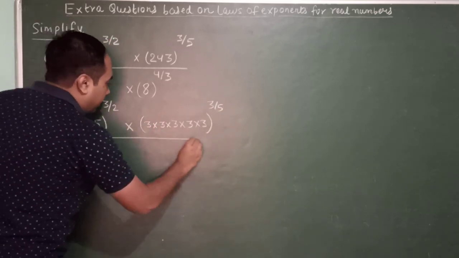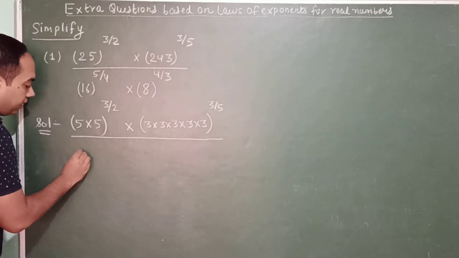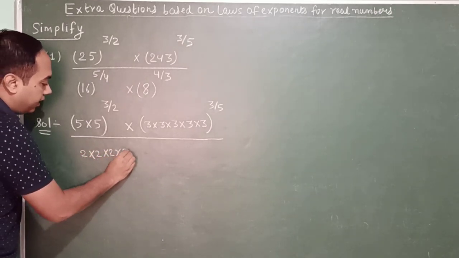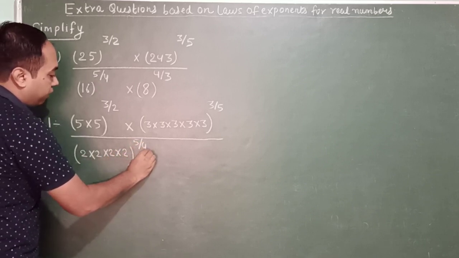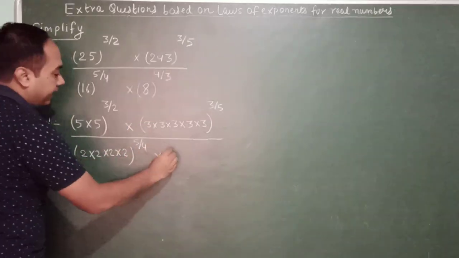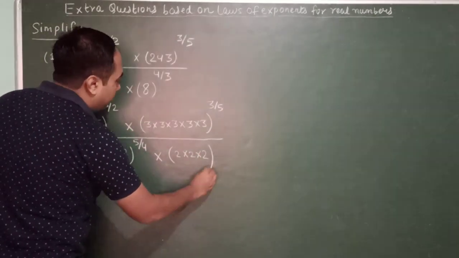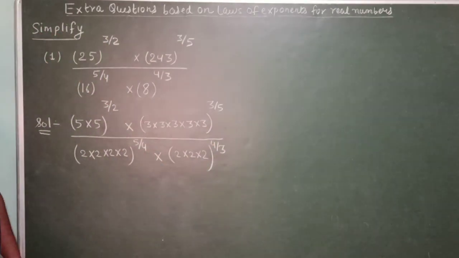Now in the denominator, what is given over here? 16. This 16 can be written as 2 2s are 4, 4 2s are 8, 8 2s are 16 whole power 5 upon 4 into, and this 8 can be written as 2 2s are 4, 4 2s are 8 whole power 4 upon 3.